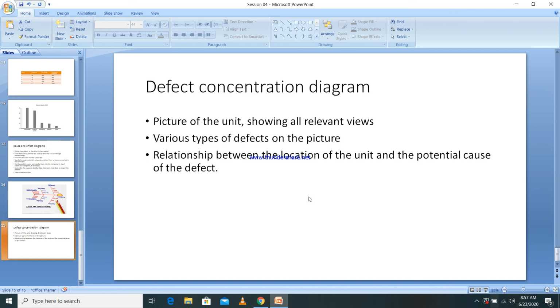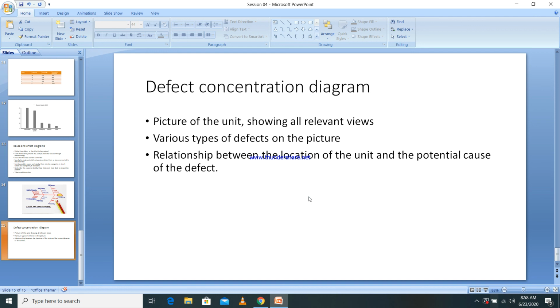So the last one that we are going to discuss is the defect concentration diagram. That is actually a picture of the unit showing all the relevant views. For an example, if you are manufacturing a refrigerator in your company, and if there is a problem with the door of the refrigerator, or if there is a problem in the freezer, what you can do is take pictures from all the angles of the freezer in order to identify what the problem is.